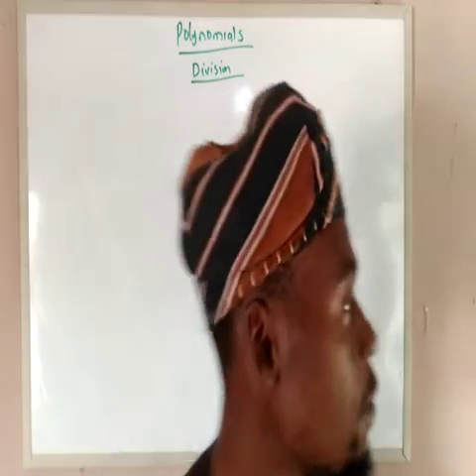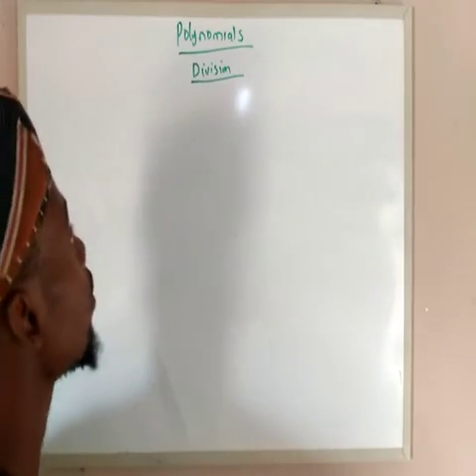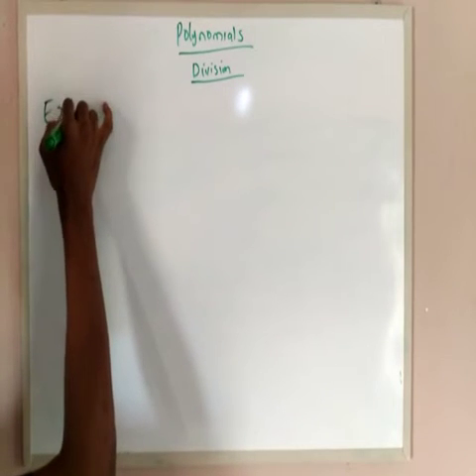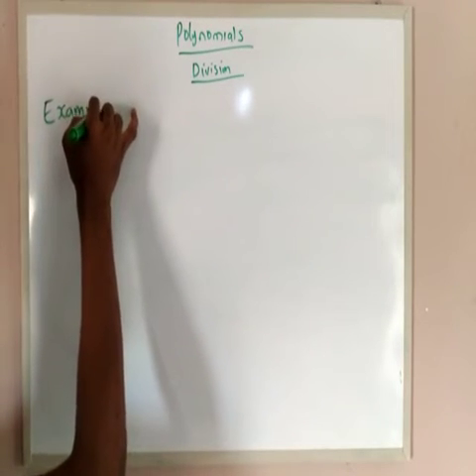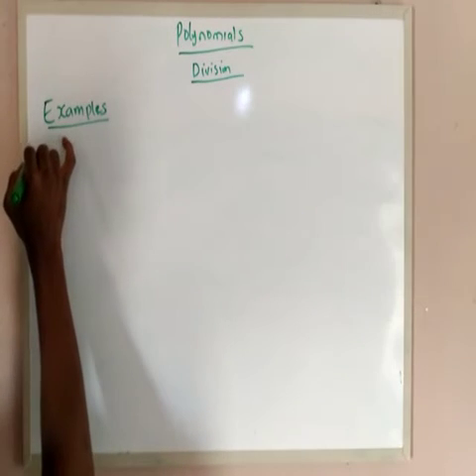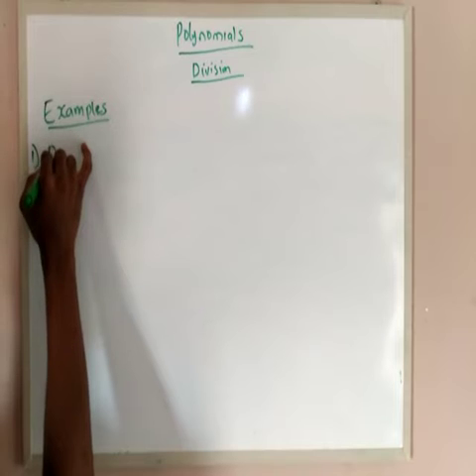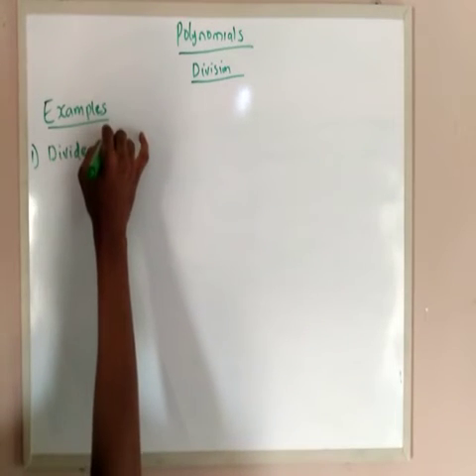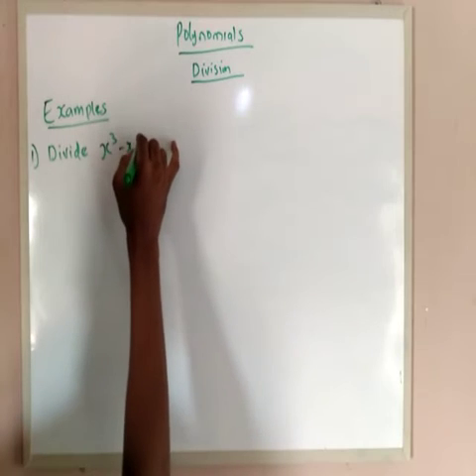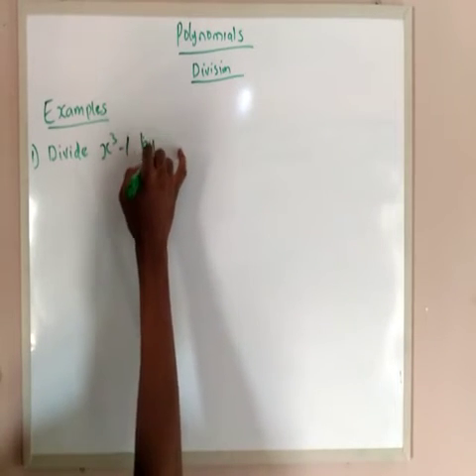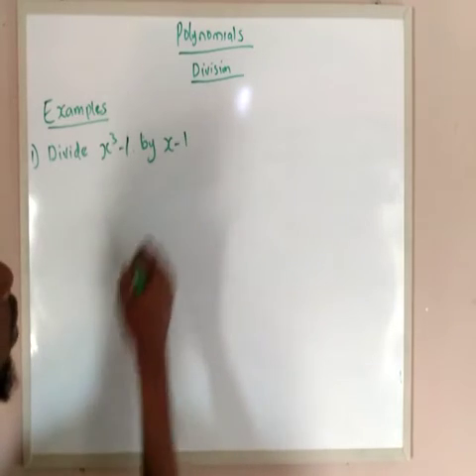So our first question here is we have to divide x raised to power 3 minus 1 by x minus 1.